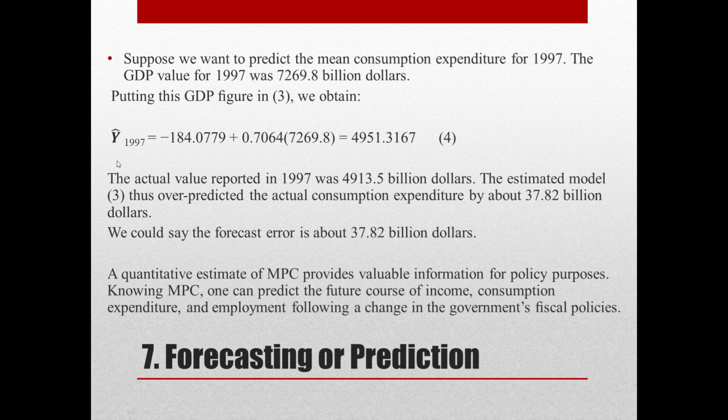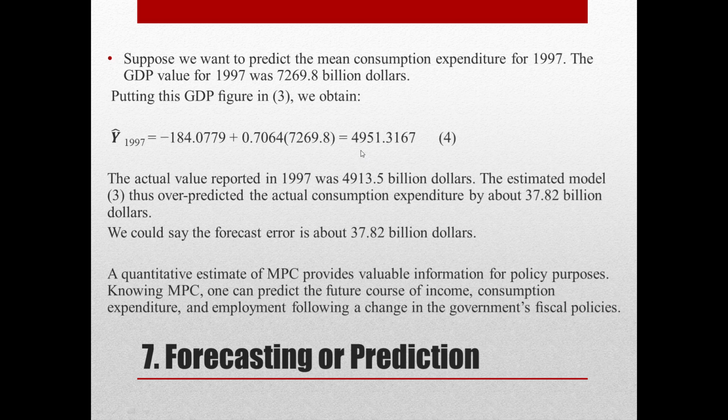Since we have the estimated equation Y hat equals minus 184.07 plus 0.7 into Xi, we put the value of Xi in this equation and we get the value of Y hat for the year 1997 as $4,951 billion, right? So given the value of GDP, the mean or average forecast consumption expenditure is about $4,951 billion.